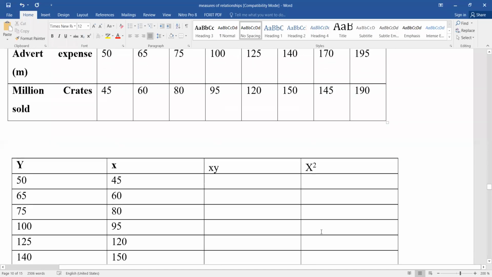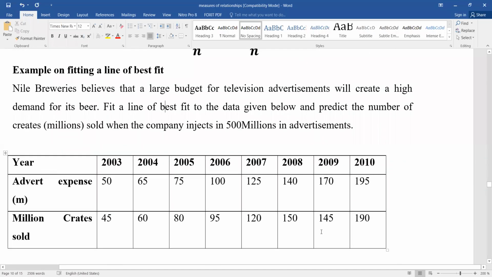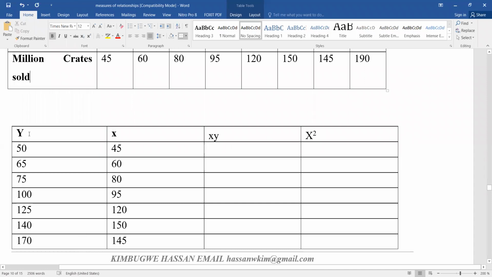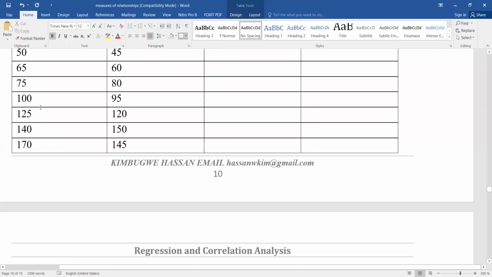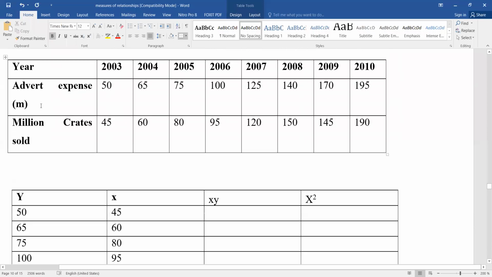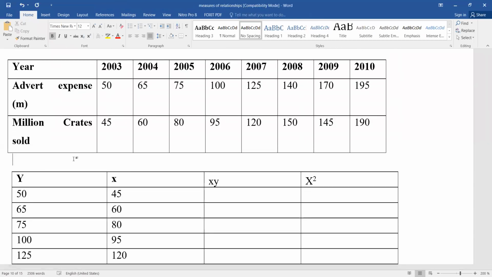So you need to know what depends on the other. Crates depend on advertisement. So advertisement is X and the crates sold are Y. So you'll have that and that. Tell me if you're at that level, so that we can continue.